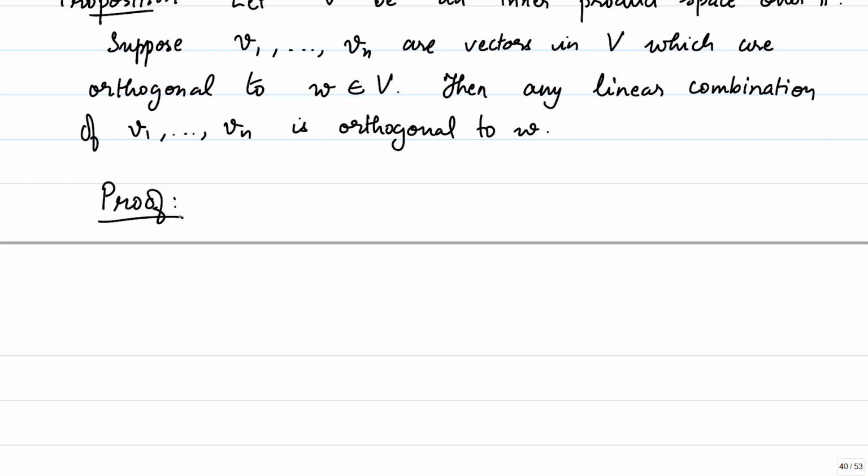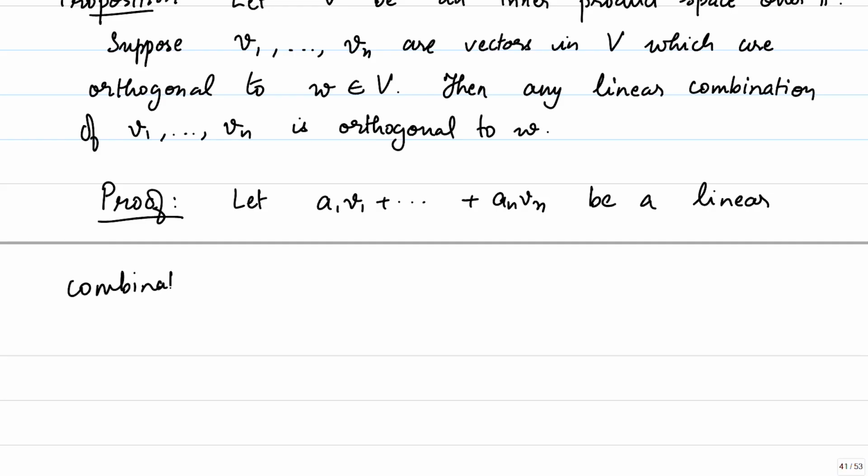So let's consider some linear combination of v1, v2 up to vn. So let a1 v1 plus up to an vn be a linear combination of v1 to vn. Here a1, a2 up to an are scalars.